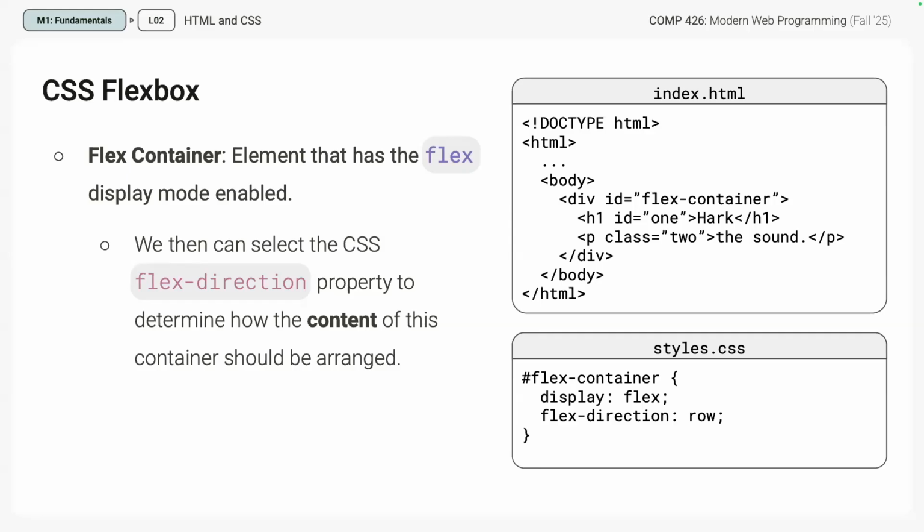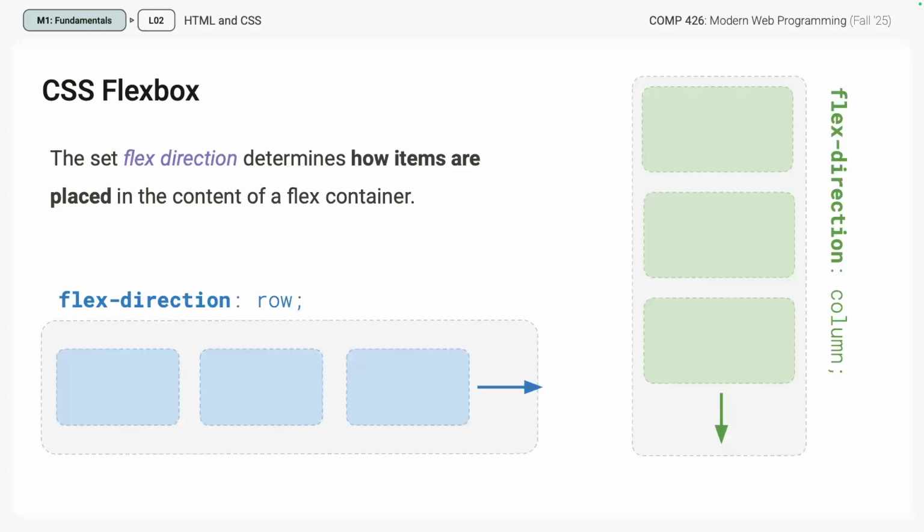We can either set our flex direction to a column, which means if we have a container with multiple elements inside, they're placed in a column, or we can set it to a row, and then every element inside can be placed horizontally. Something like this: you'd have an outer div, which you could set flex direction to row, and then if you have multiple paragraphs inside of that div, they'll be placed left to right, or you can go with a column.